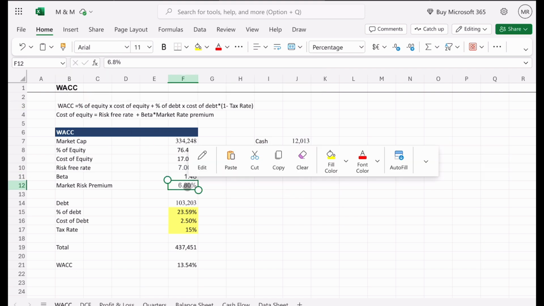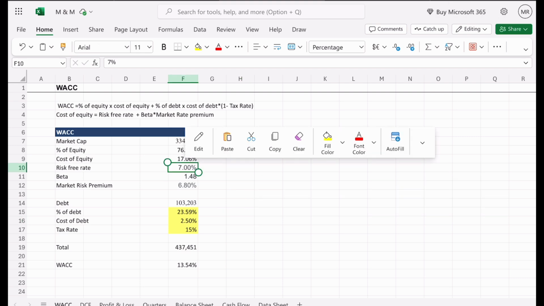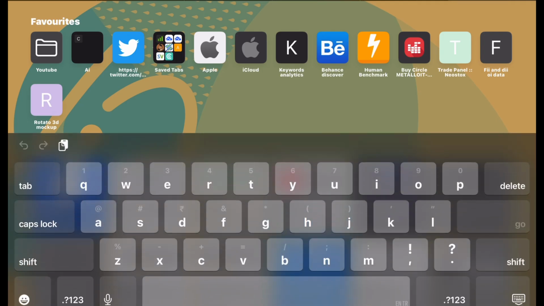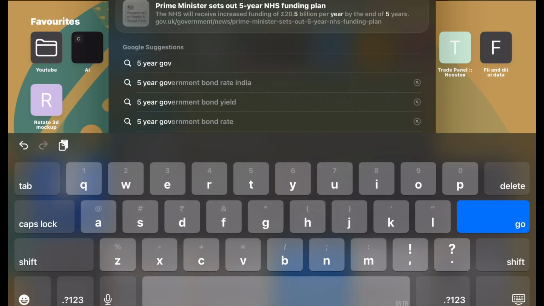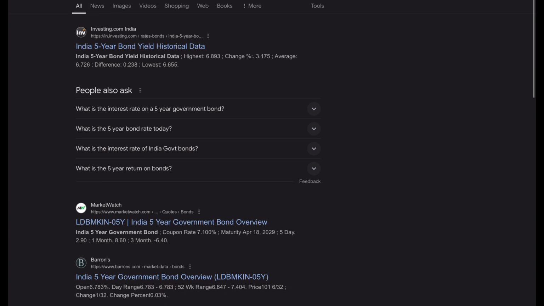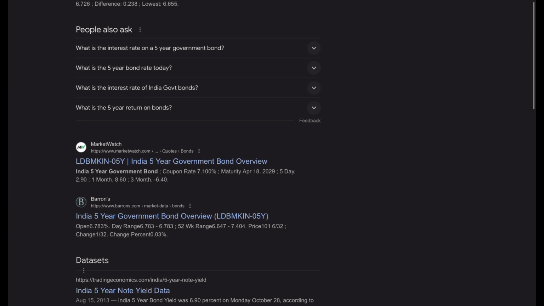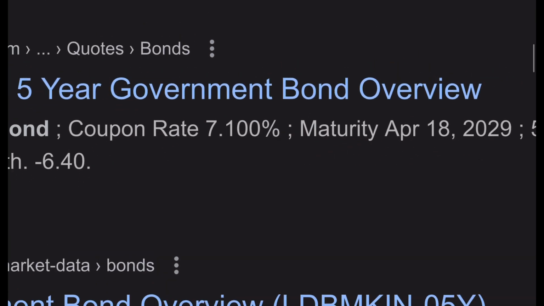And for the assumptions, the risk-free rate, if you search, I took the 5-year government bond. You can see it's around 7%.